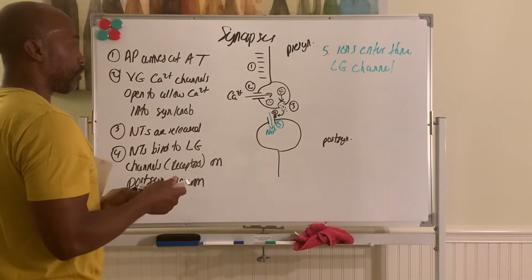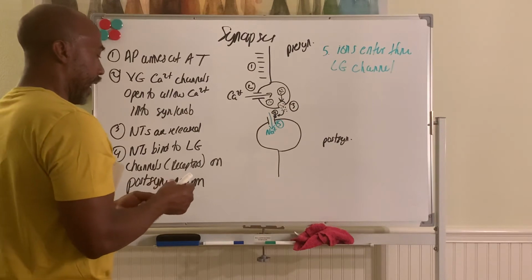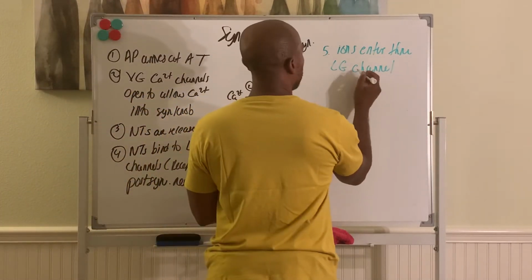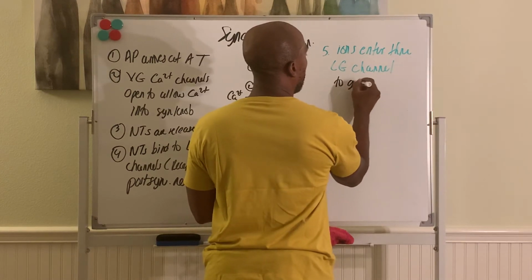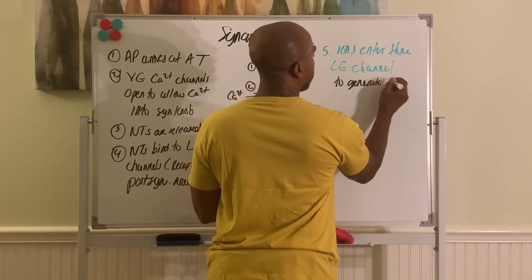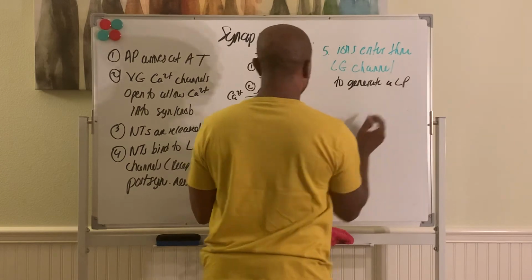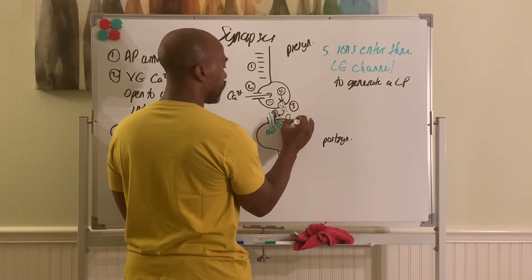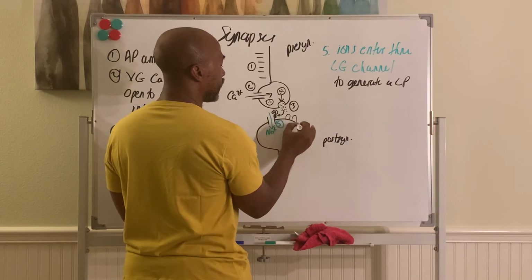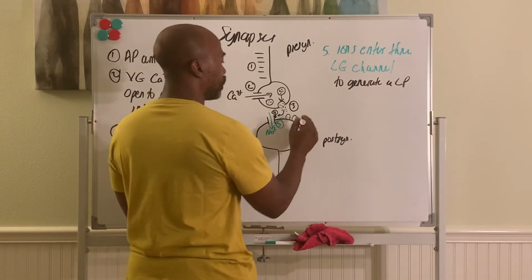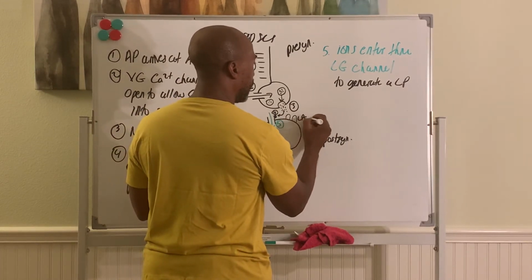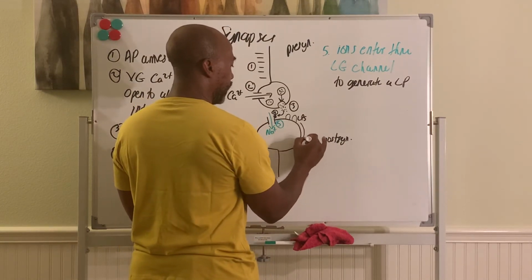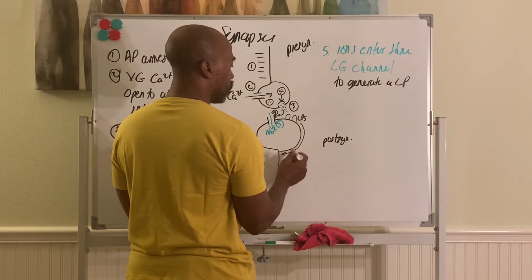So ions enter through the LG channels, and that will generate a local potential. So now these come in, and now you have a local potential occurring on the membrane. So these are the LPs. Then the LPs will spread towards the trigger zone.